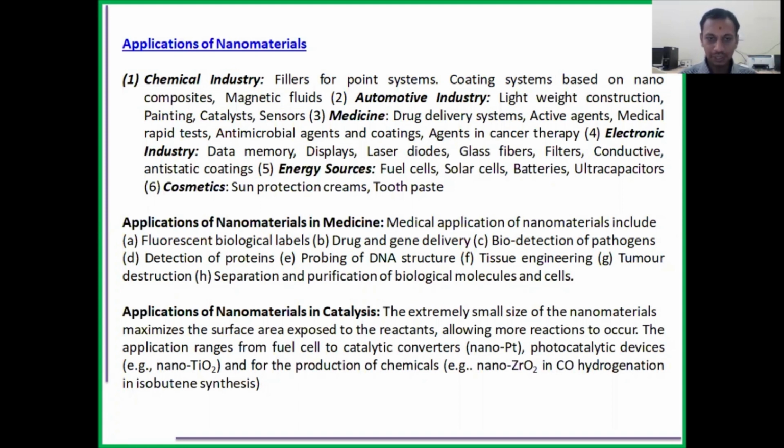We are going to see the catalytic converter application at the end of my talk also. For the production of chemicals, nanozirconia is used for carbon monoxide hydrogenation, for isobutene synthesis. So in this way, in the catalysis field, the applications of nanomaterials are there in different contexts.